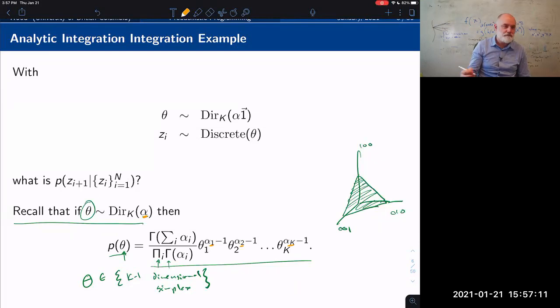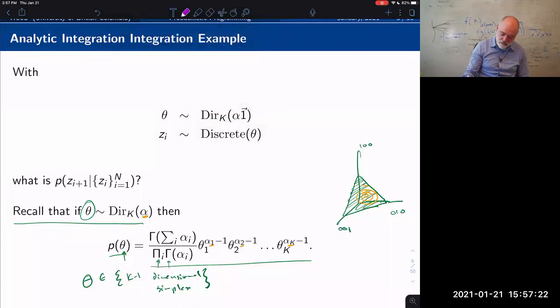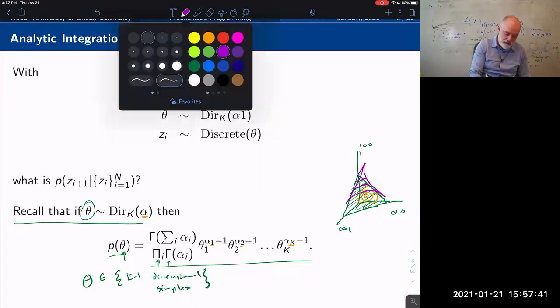So different distributions on the simplex might look like this. They kind of look Gaussian bubble-ish, but confined to the simplex. Or you can have distributions on the simplex that look like this, and so on and so forth. Basically, it has to integrate to 1 over the simplex.